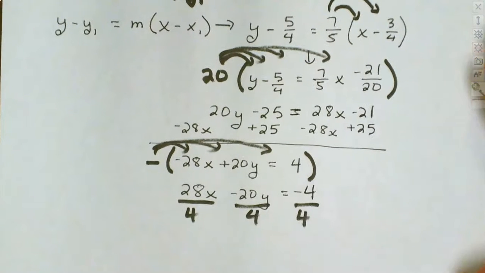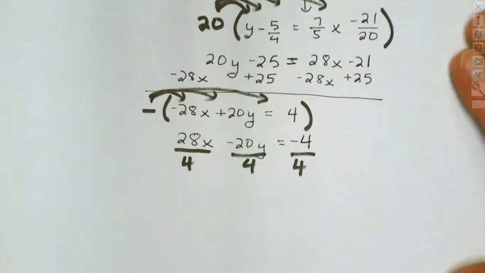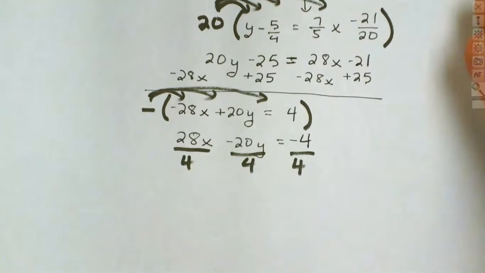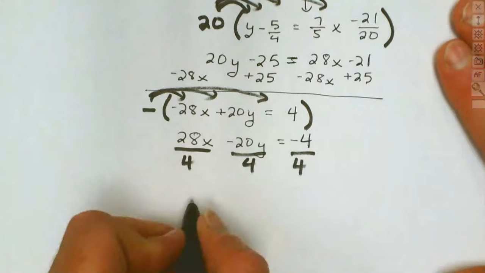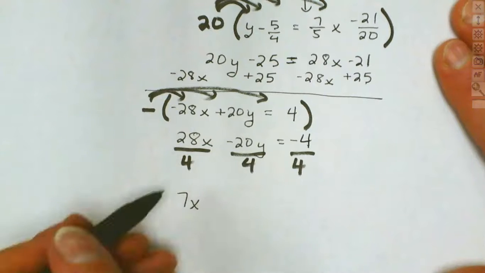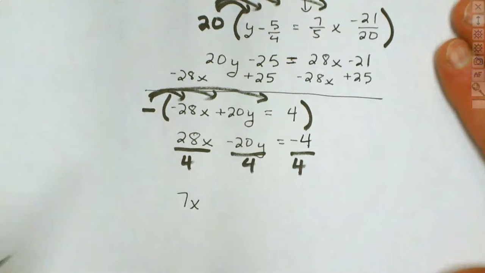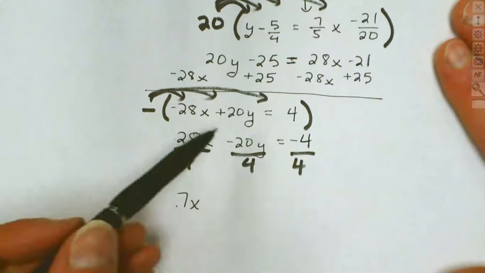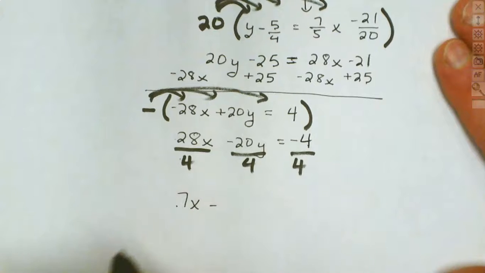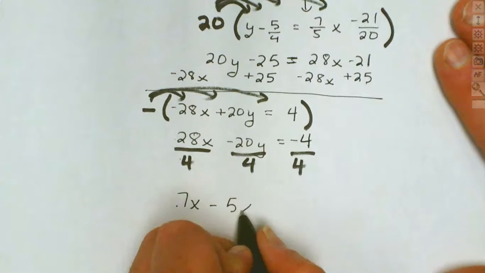This way we get the same answer as our textbook does. And so 28 divided by 4 is a 7 there. So that's what we want there. Negative 20 divided by 4, that gives you a 5y.